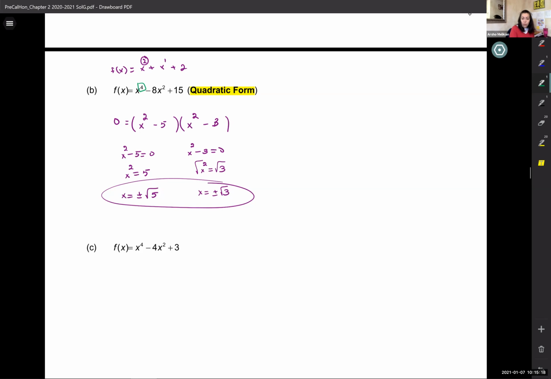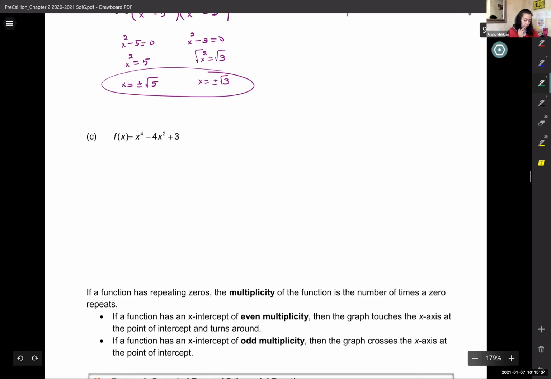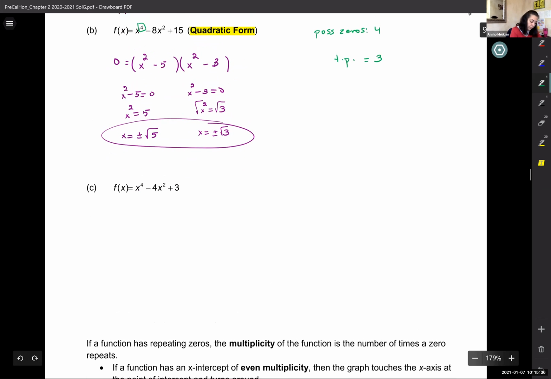Since the degree is 4, we could have said possible zeros were 4 and turning points 3. What about here? Possible zeros, 4. Turning points, 3.